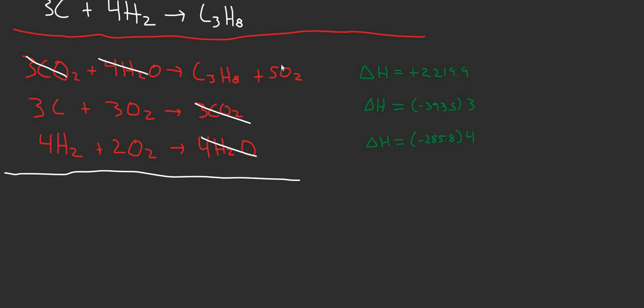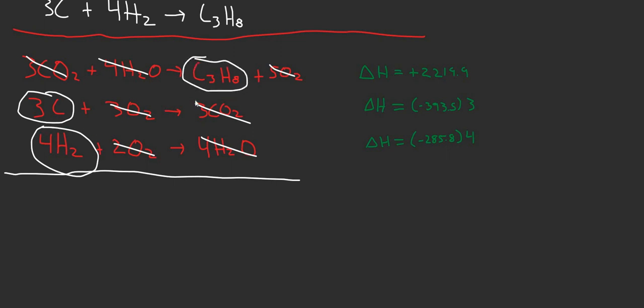We have a 5O2 up here, and down here on this side of the arrow we have a 3O2 and a 2O2, and they add up to equal 5. So the 5O2 cancels. And what do you know? We're left with 3C, 4H2O, and C3H8. And that's exactly what we wanted to end up with. So that's the logic behind doing all that Hess's law manipulation.